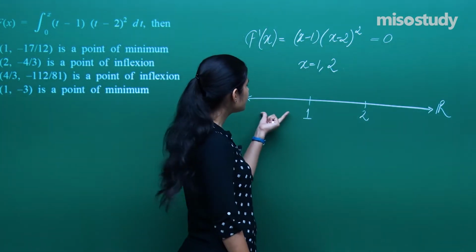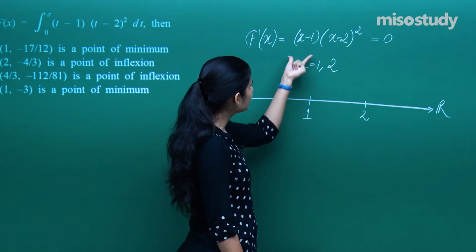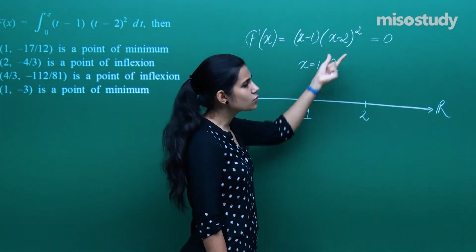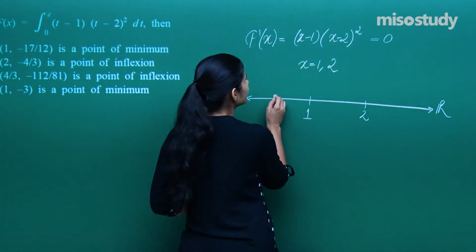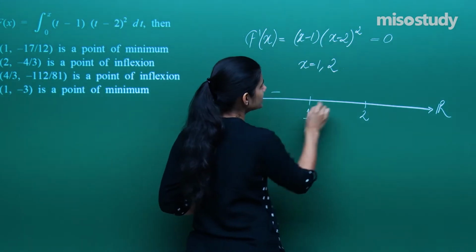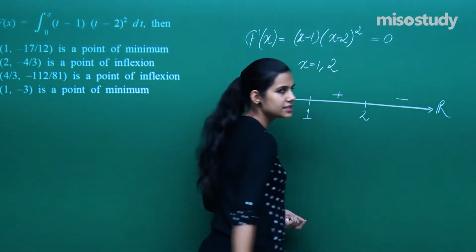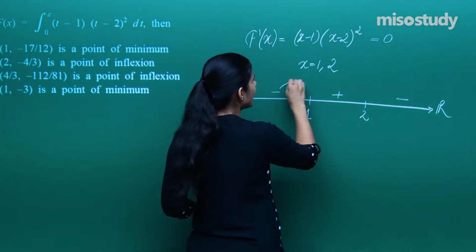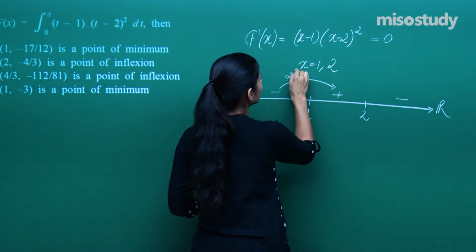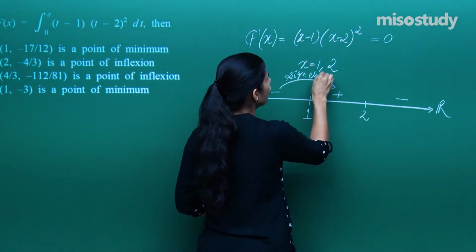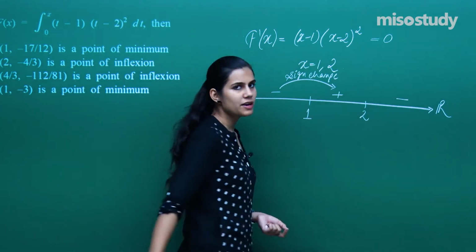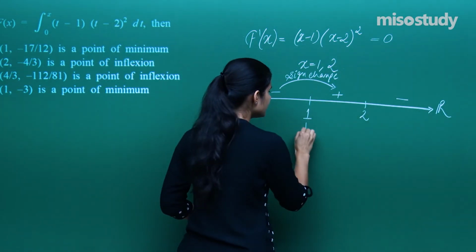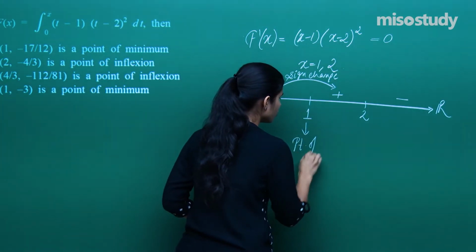You can very easily see if I put any number less than 1, this is going to give me negative, this is going to give me non-negative. So negative into non-negative gives me negative. Here it is positive and here it is negative. That means around 1 there is a sign change from negative to positive of f dash. Therefore, this is a point of minima.